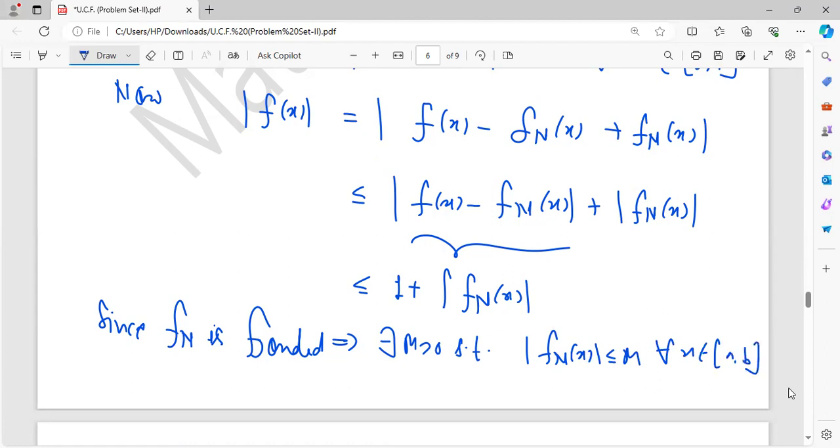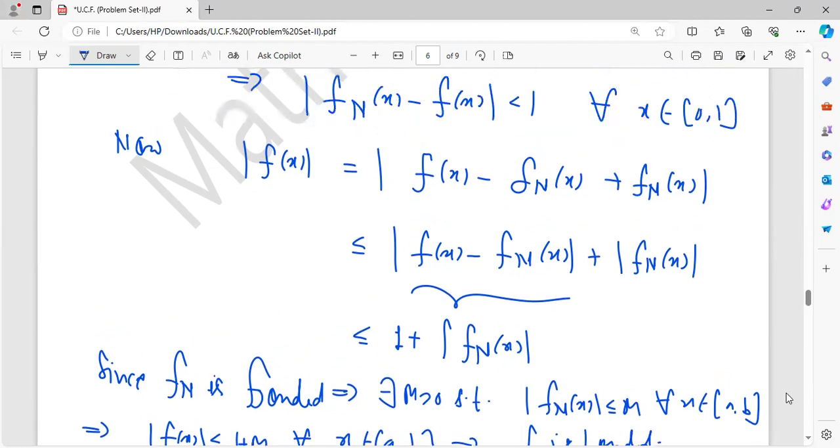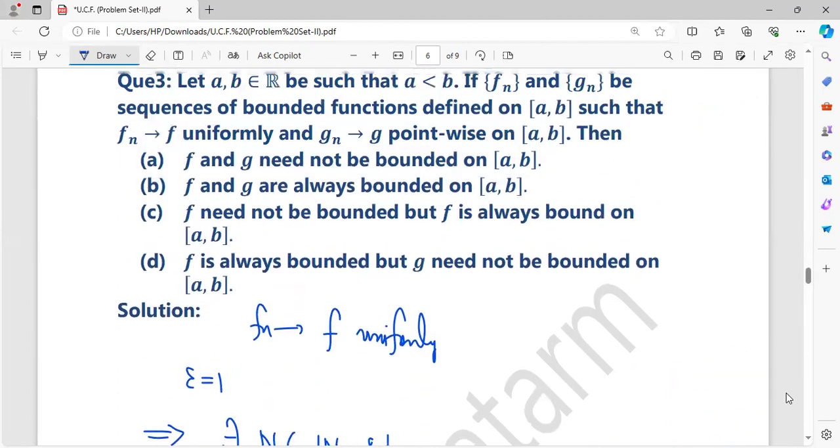So it means what? fx is less than 1 plus m for all x. It means f is bounded. Okay. If fn converges to f uniformly and each fn is bounded, then f is bounded. Now what about the other option?